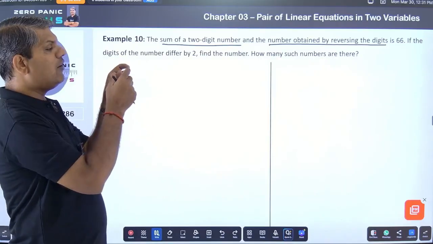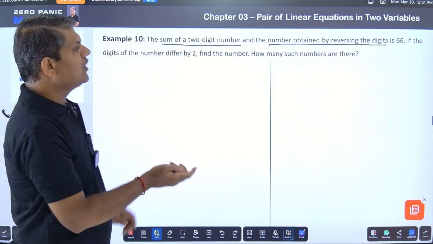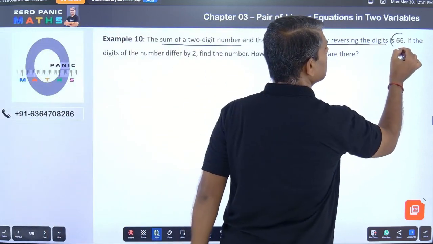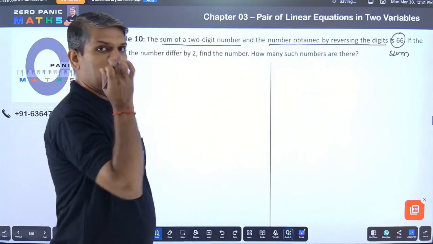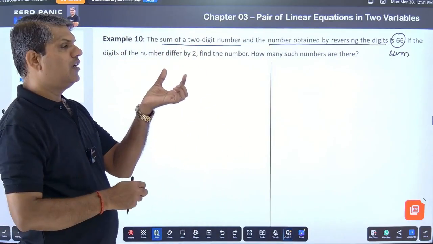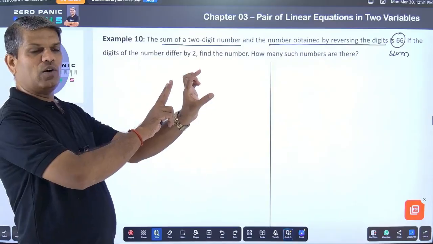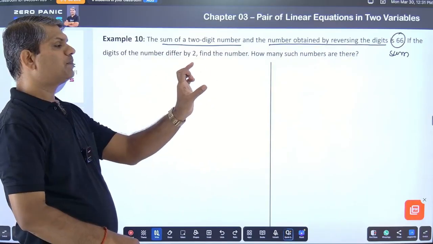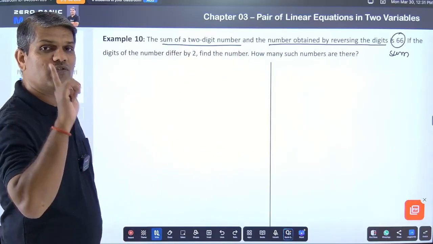If you add both the given number and the reversed number, the sum that you get is 66. Only the digits get reversed, and if you add both those numbers, you get 66. That is the first input.